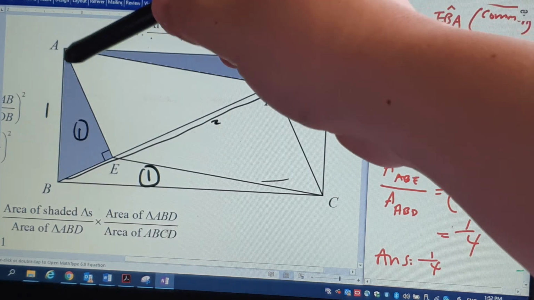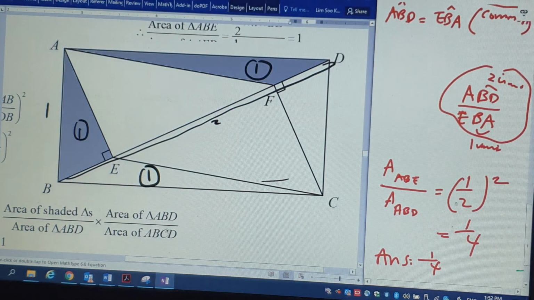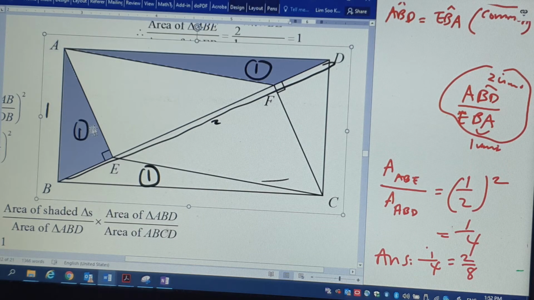So now, don't you agree that it's actually like 2 over 8, the shaded part? This is the shaded part here. The shaded part here is actually 2 shaded parts out of these 8 parts. So the answer is 1/4.